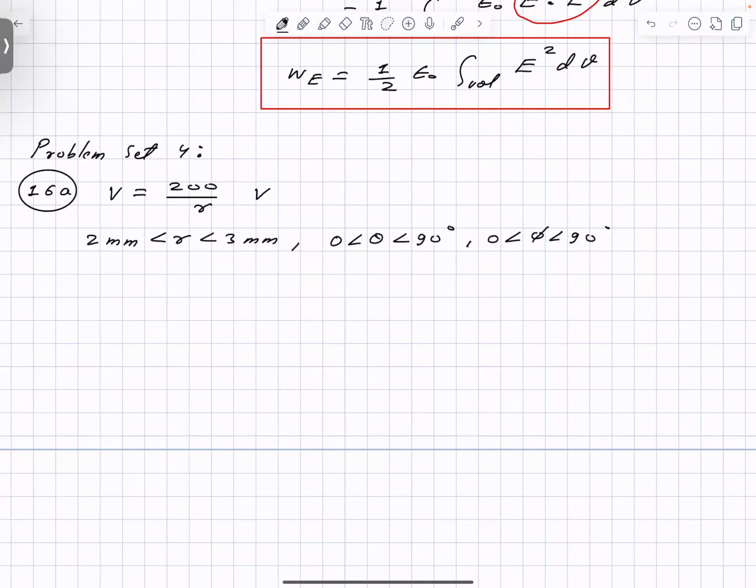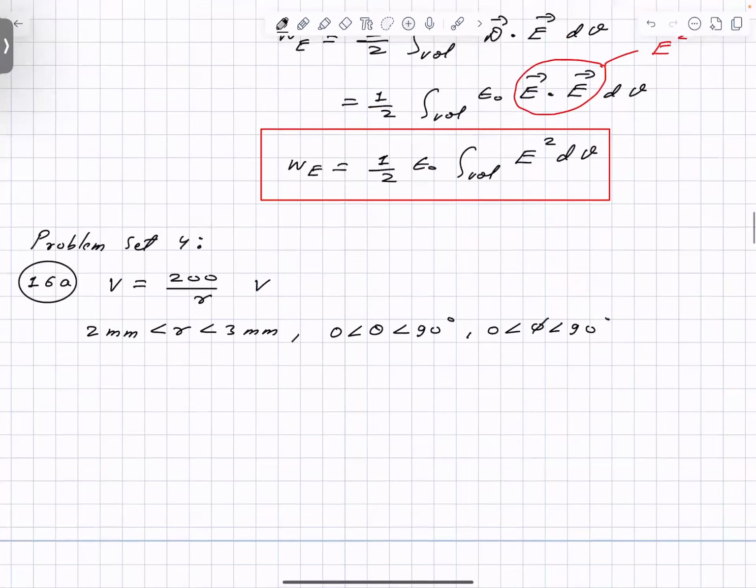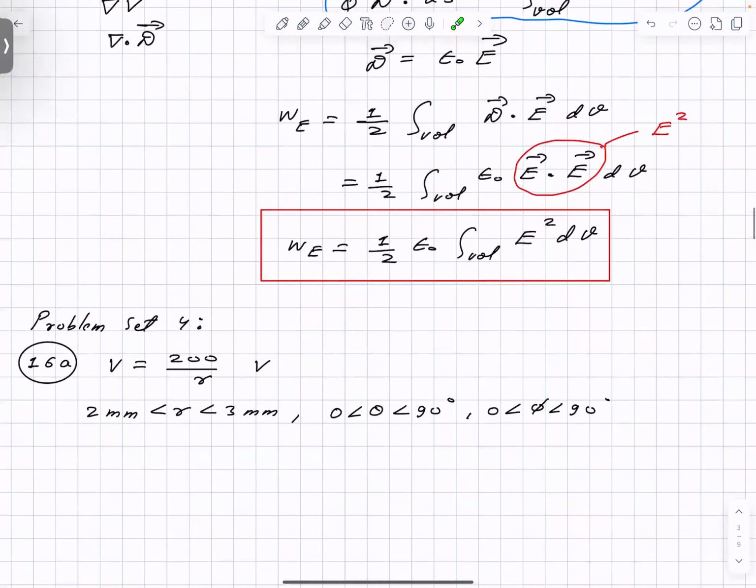What we derived previously is that if we know the electric field intensity, we can find the energy stored in that field. But what is given to us right now is the potential field. So can we use that formula? All that we know is this, but the formula that we have is over here.